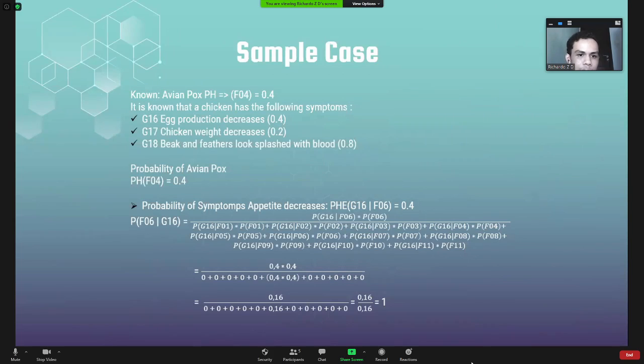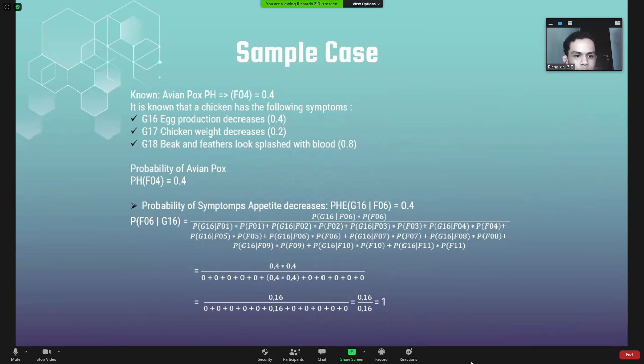G17 means that chicken weight decreases, the probability is 0.2. And the last is G18, which means that the skin and feathers look spotted with blood, and the probability is 0.8. So the probability of avian pox, P(H), which is F04, is 0.4.